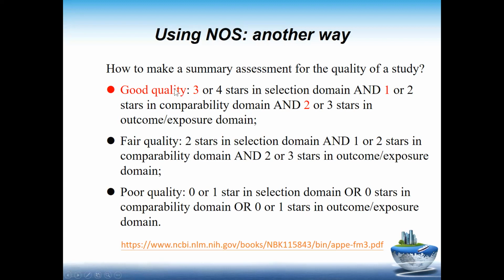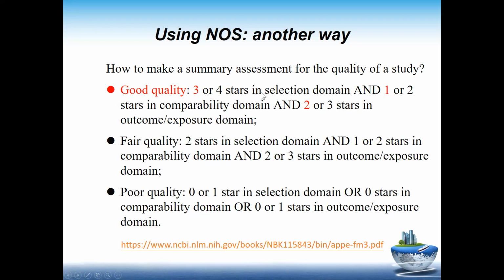For a study to have a good quality, the study must get 3 or 4 stars in the selection domain, and 1 or 2 stars in the comparability domain, and also 2 or 3 stars in the outcome domain. That means for every domain, you should get some scores. No missing, no low rating in any domain.